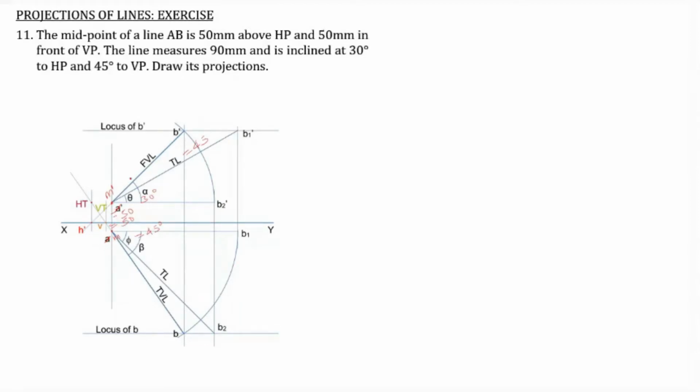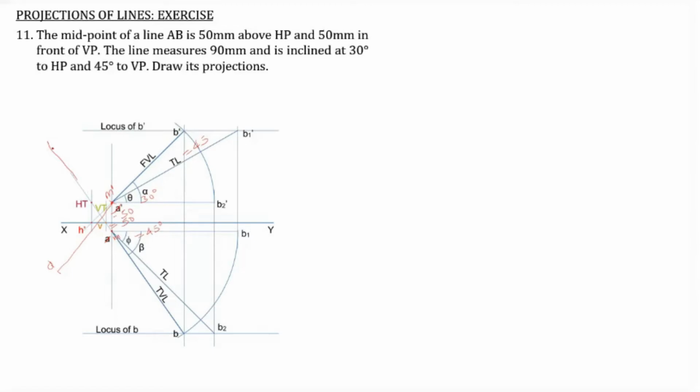Once we complete this, we can extend this M dash B dash towards the opposite side, like this, and the length of this part should be equal to this length. So this will be A dash. Likewise, we extend the line AB towards the opposite end, so that MB equals MA.